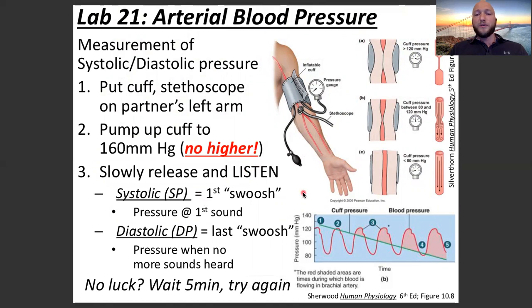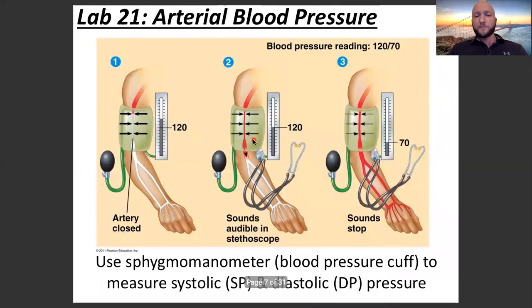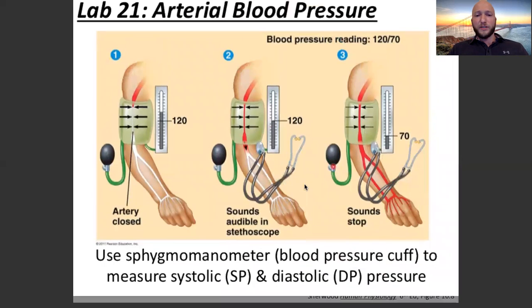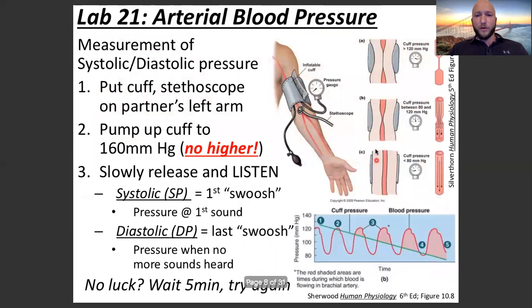We're going to keep decreasing the pressure in the cuff until we no longer hear that turbulent flow. At that point, we're going to have laminar flow restored. And that's going to occur when the pressure in the cuff is lower than the diastolic blood pressure. So note the pressure on the gauge when you can no longer hear that turbulent flow.